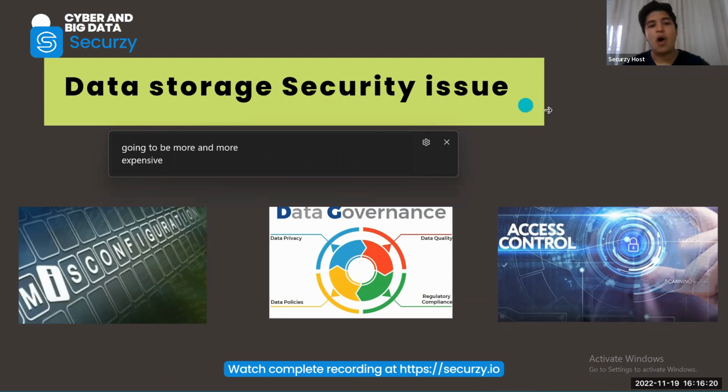So we are also opting for new solutions like cloud solutions. When we are talking about cloud solutions, usually we are talking about a third party, which is the real owner of the servers, who is going to lend these servers to the companies who are handling big data. And this is why we have three huge main problems, which are misconfiguration, data governance, and access control.